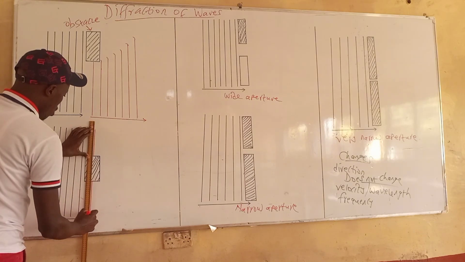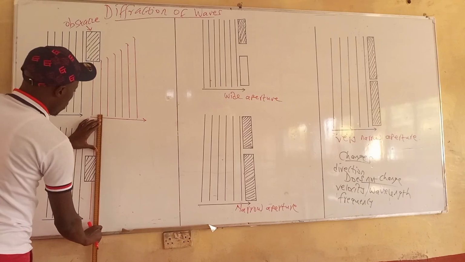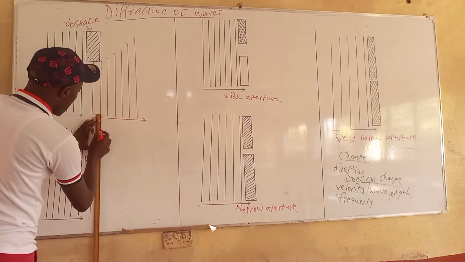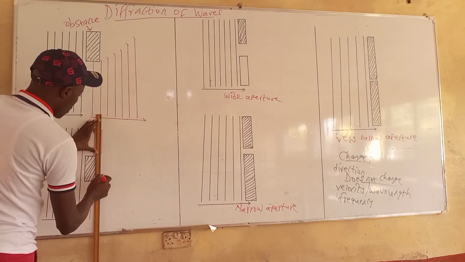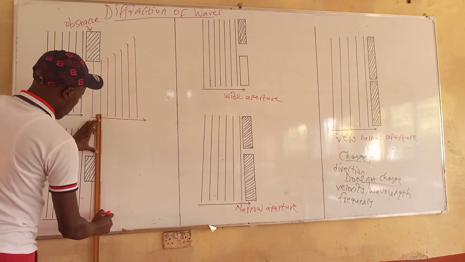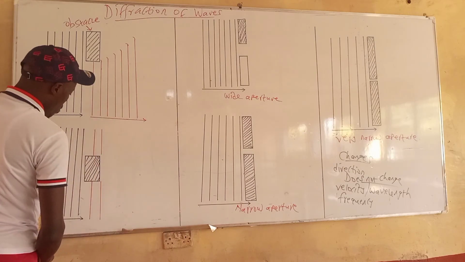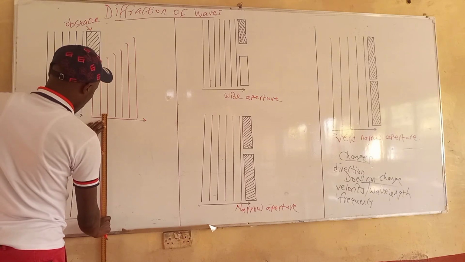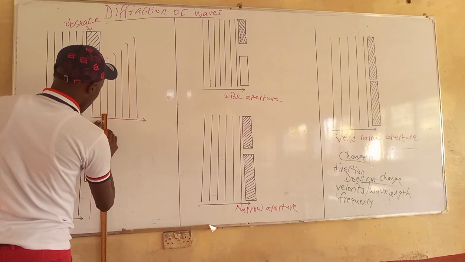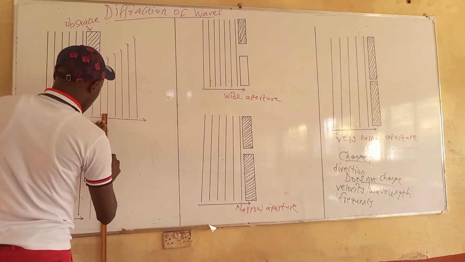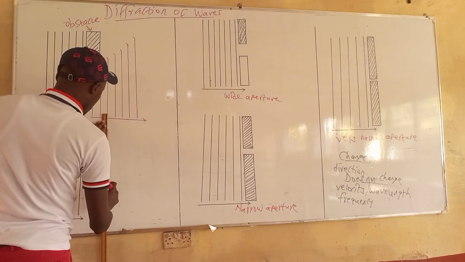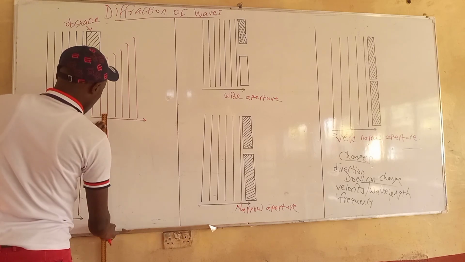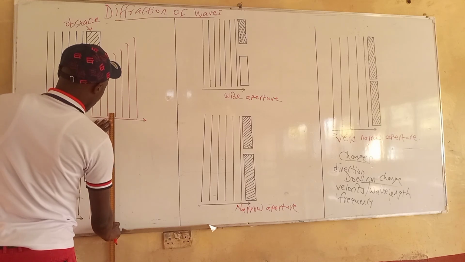After passing through the obstacle, we have the second wave, the third wave, the fourth wave.